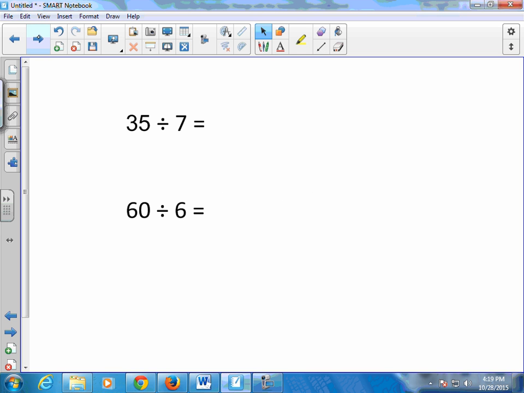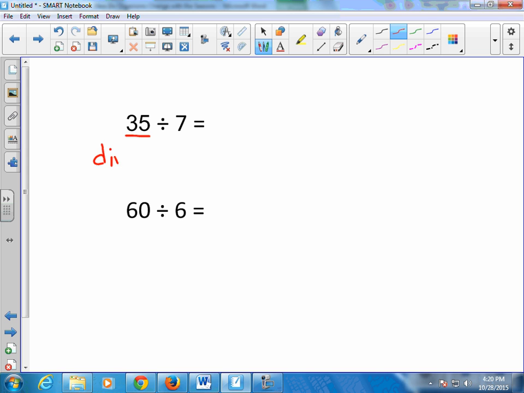Let's just first review a little bit of division. Division is like breaking apart into equal groups. We have three parts, just like in addition and multiplication. Our first number, which happens to be the highest number, is called the dividend.